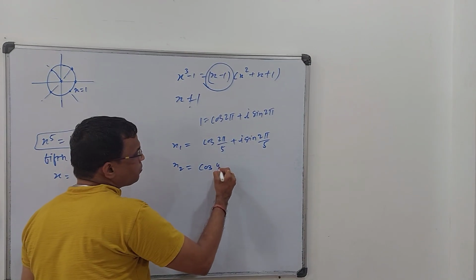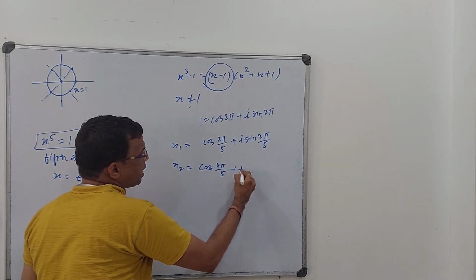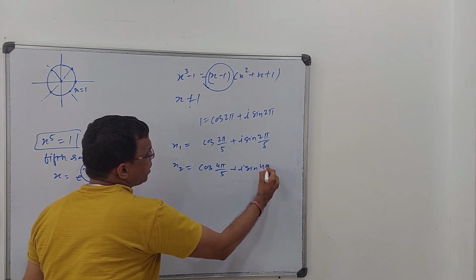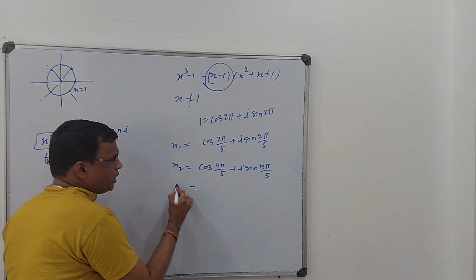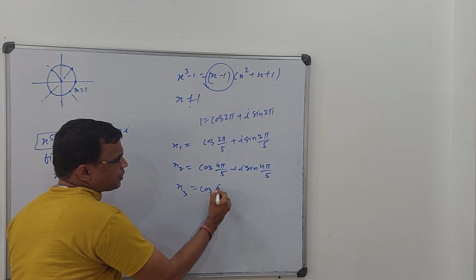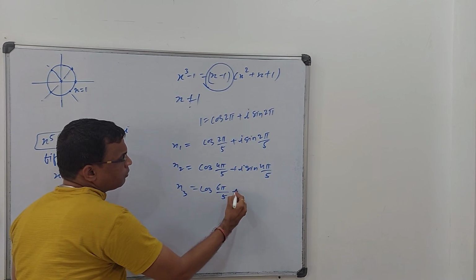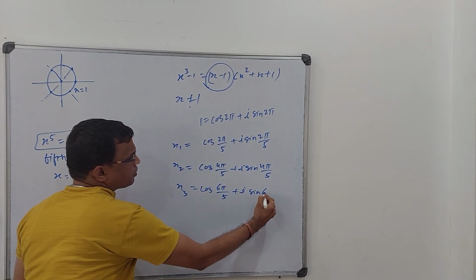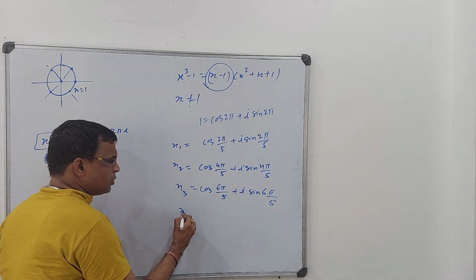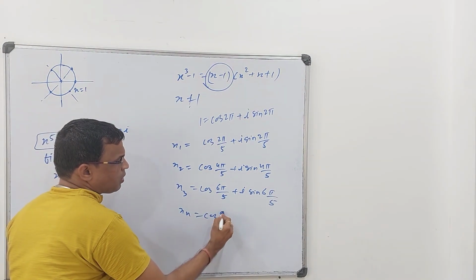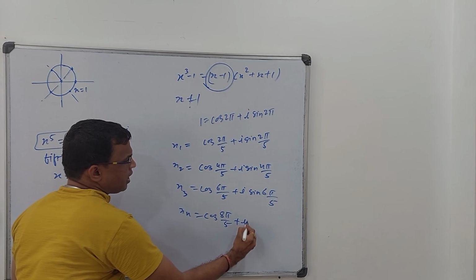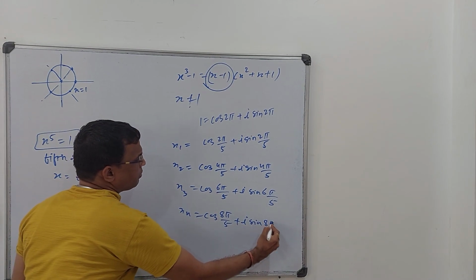Second will be cos 4 pi by 5 plus i sin 4 pi by 5. Third will be cos 6 pi by 5 plus i sin 6 pi by 5. Fourth will be cos 8 pi by 5 plus i sin 8 pi by 5.